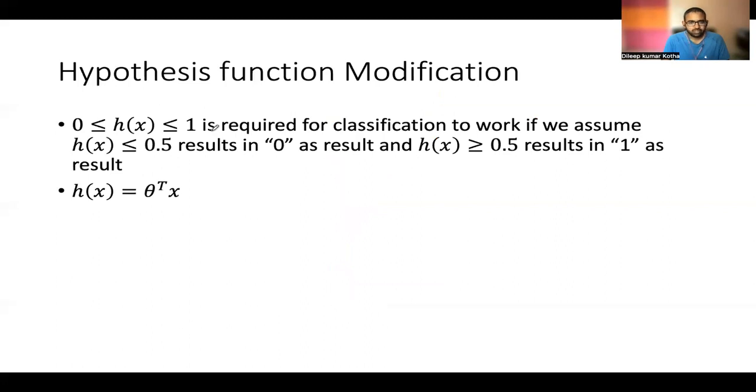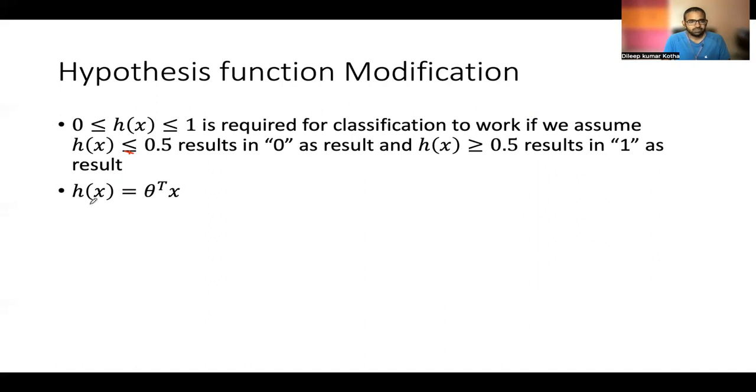So we need to modify our hypothesis function taken from the linear regression in such a manner that if its value is less than 0.5, it indicates it belongs to class 0. If it is greater than or equal to 0.5, it indicates it as class 1. So ignore this, this is a mistake. It should not be less than or equal to here. It's less than 0.5.